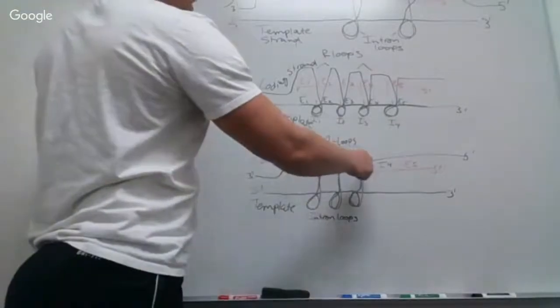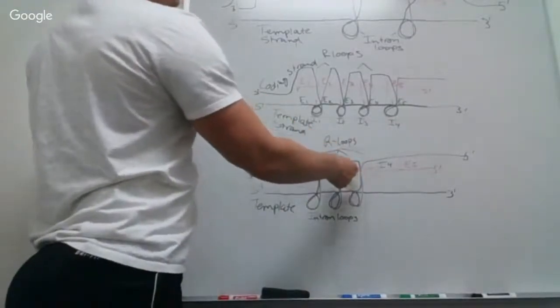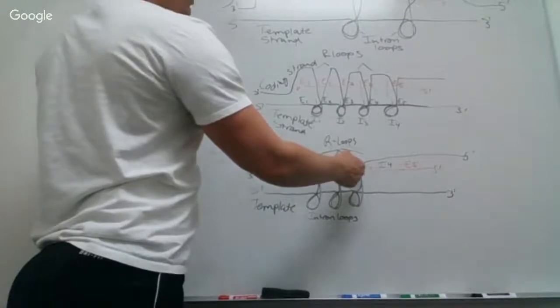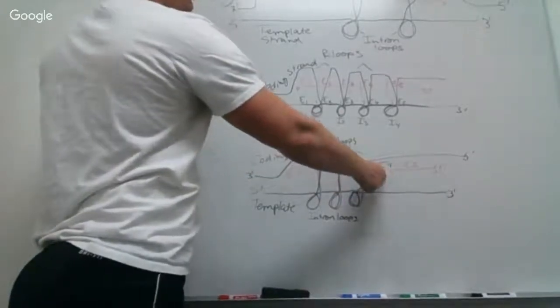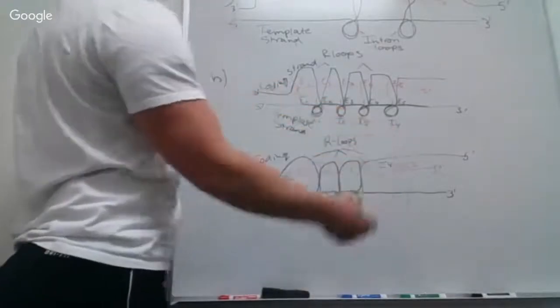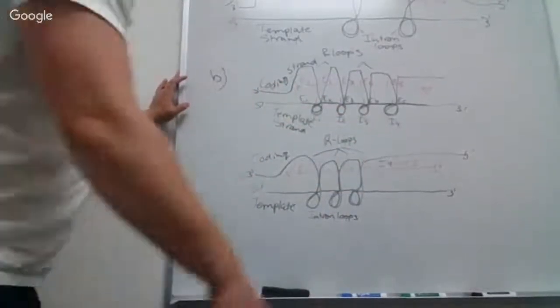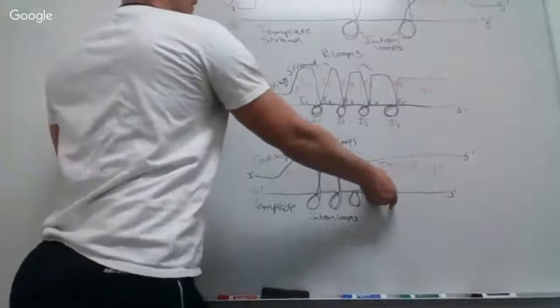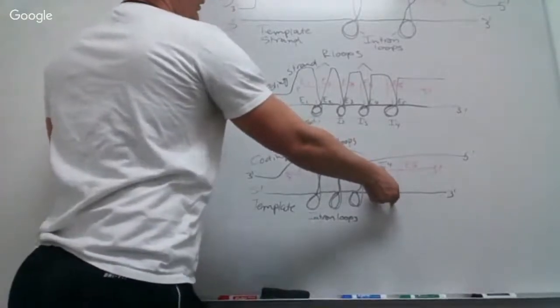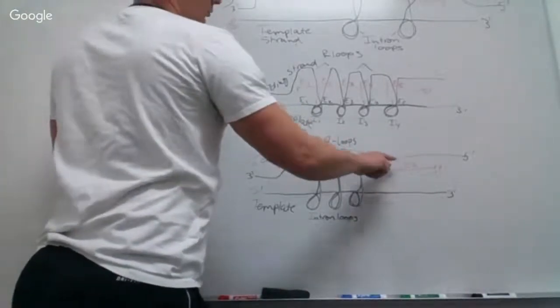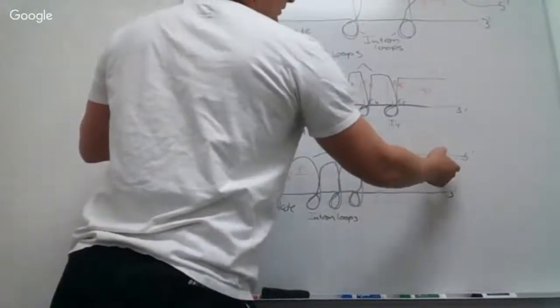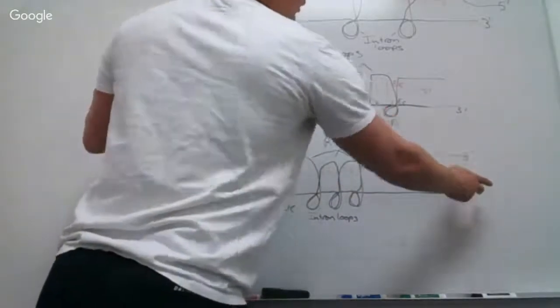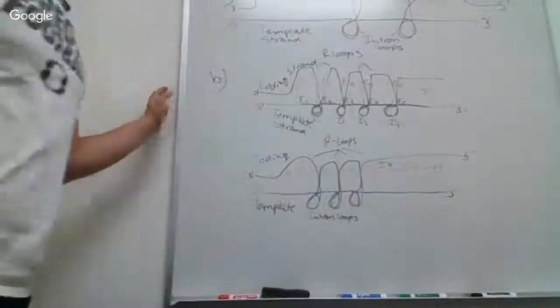And then once we get past exon 3, there's not going to be any more intron loops because the intron is still in this mRNA, just like in the first one. So the template strand is going to be bonded at this location. And so this coding strand is going to have to wait till the mRNA sequence is done, then it can rebond to the template strand.